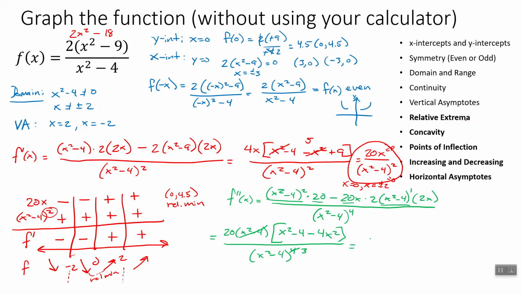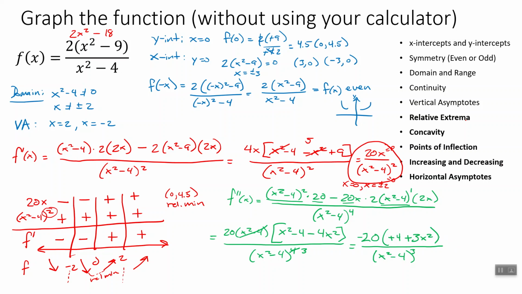So we get 20 times, let's see, we can combine some stuff. We've got negative 4 minus 3x squared. We can actually pull that negative out and just put it with the 20. That's going to make our lives a little easier. And on the bottom, we've got (x squared minus 4) to the 3rd.